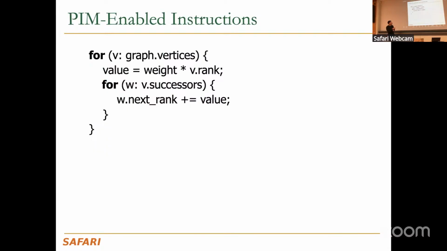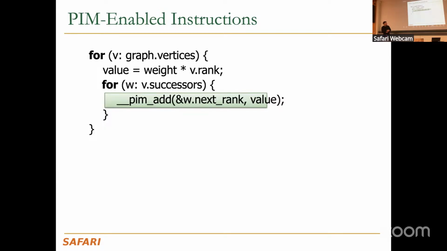This is the code of PageRank that goes to a node in a graph and updates a particular value in each one of the vertices in that graph. The operation being performed here is quite simple. It's just a simple add operation to a scalar value. So we can replace this operation by a simple spin add operation that does that update for us. But this is just one instruction.